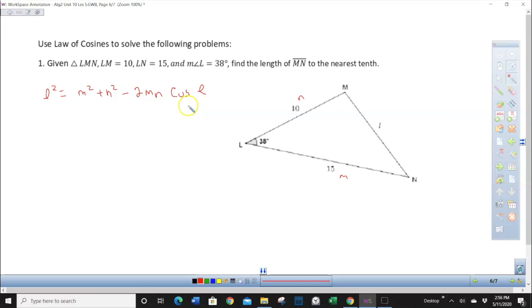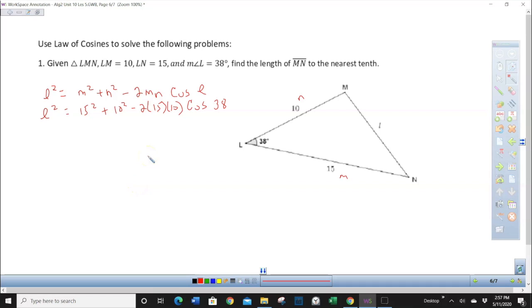You know, we were using a, b, and c when we wrote the law of cosines. So we don't know l squared. We know m is 15. We know n is 10. So this would be 2 times 15 times 10 cosine, and we know the angle is 38 degrees.